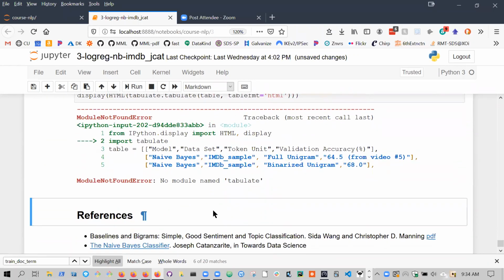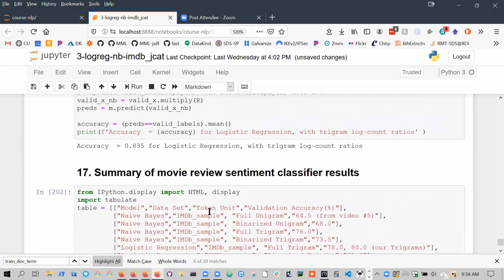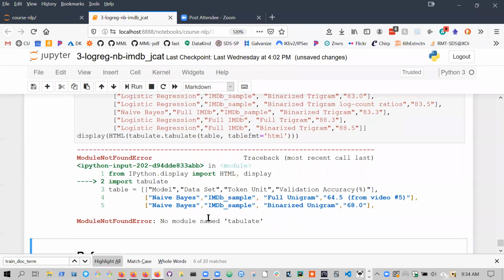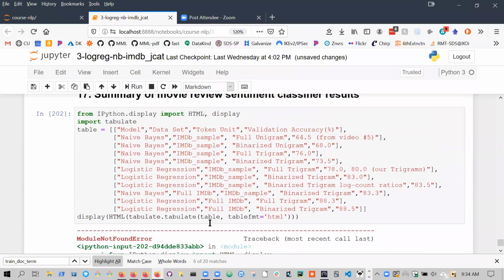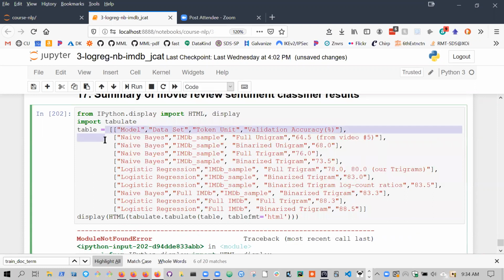It worked before. Anyway, I wrote a table that displays all of the results. I'm not sure why this didn't run this time, but here's the results of all of the modeling that we've done in this whole notebook.